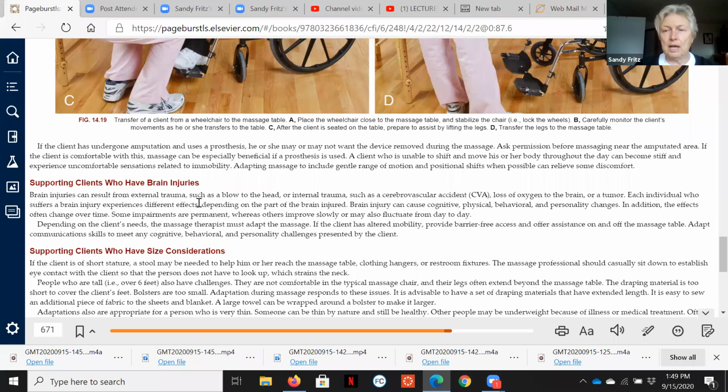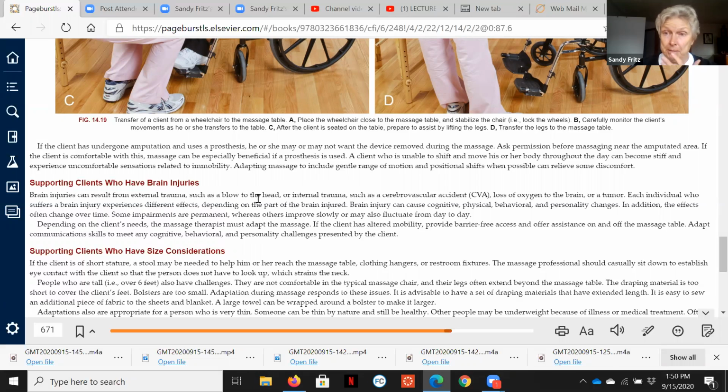We need to say, have you had a brain injury? And what do I need to know about that as your massage therapist to be able to respond and adapt to that? The client is the one that's living with this. They should be able to give you that information.